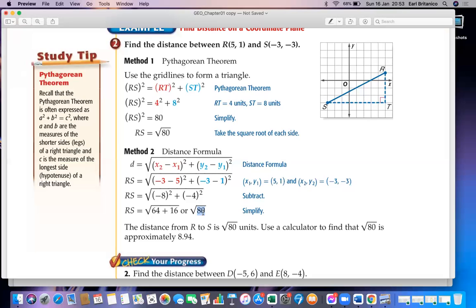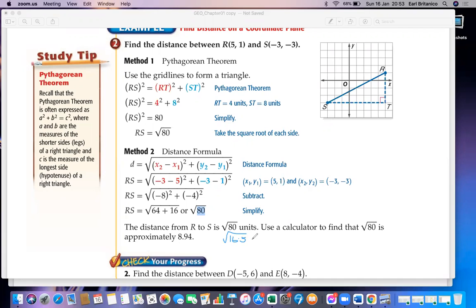16 times 5, right? So 16 is a perfect square. So if you write it as 16 times 5, I'm sorry, let me try to write the square root. So it's gonna be square root of 16 times 5.